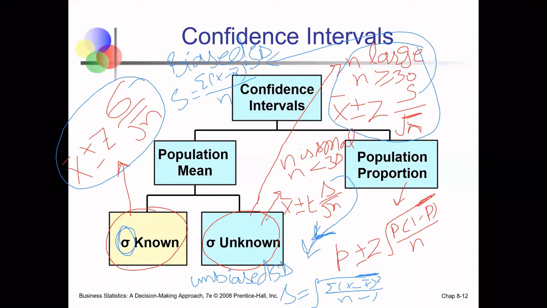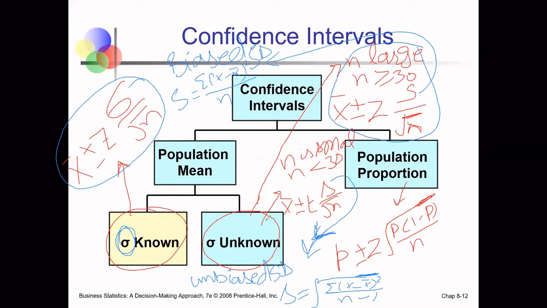The first is confidence interval for population mean. We have to find the interval estimation using sample data, sample information. So first of all, we want to estimate the population mean.